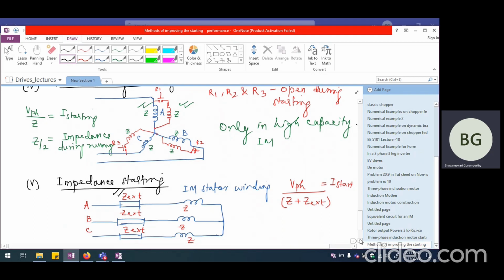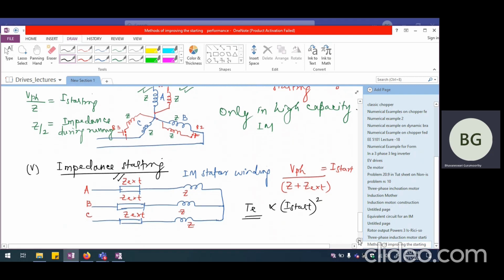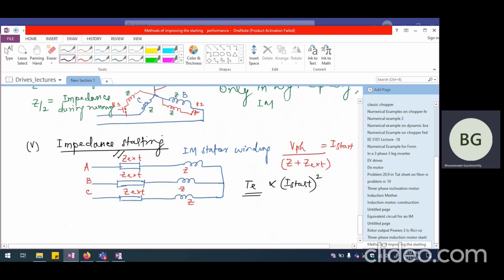Of course, if the starting current decreases, the torque, which is proportional to the current squared, also decreases. So automatically the starting torque is decreased, there is no doubt. But the current is also decreased considerably. Thus, the voltage dip or voltage sag can be eliminated in impedance starting of an induction motor.